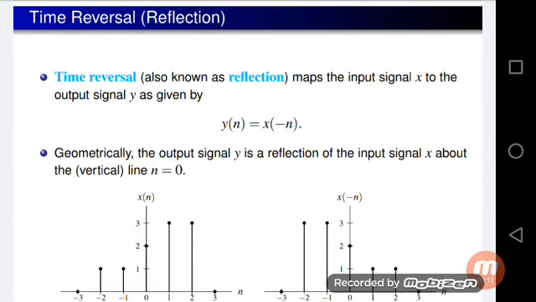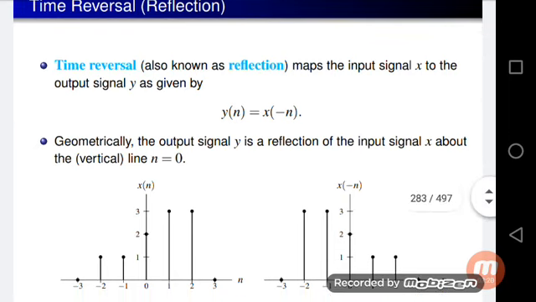Next one is time reflection or reversal. In this example we are clearly observing from the diagrams below that the left side and right side act as opposites. One is moving to the right side and one is moving to the left side.